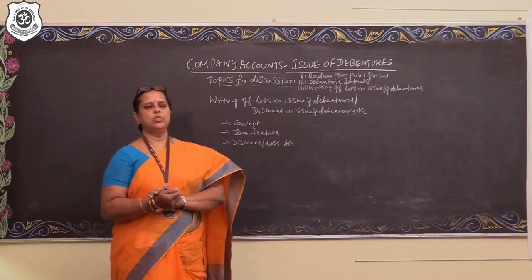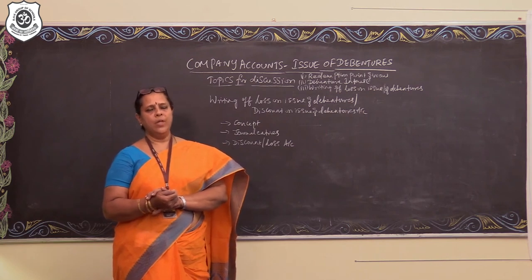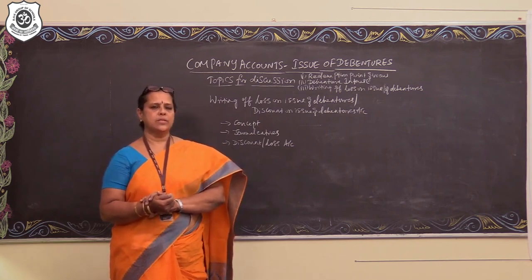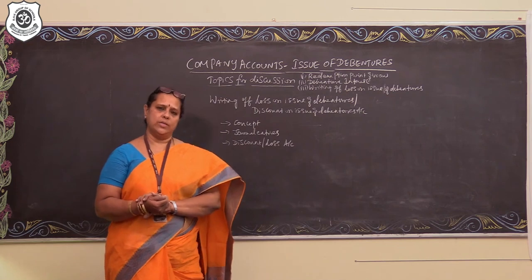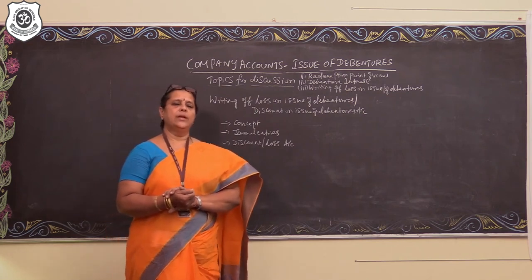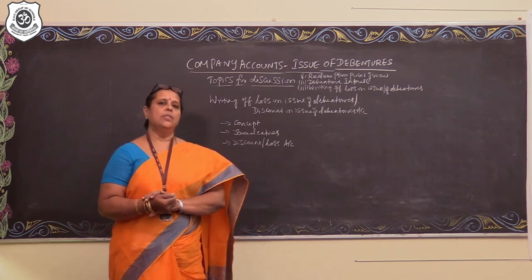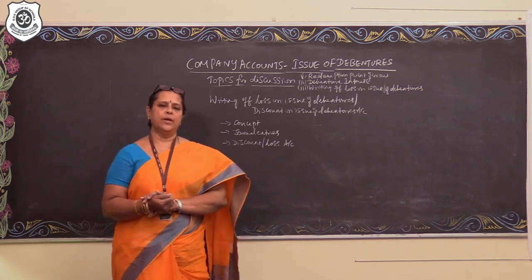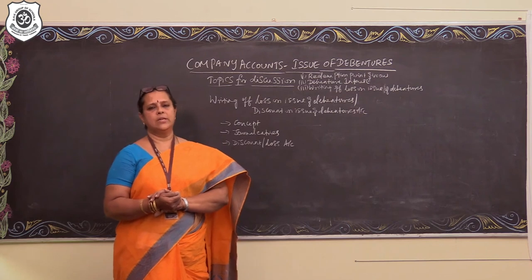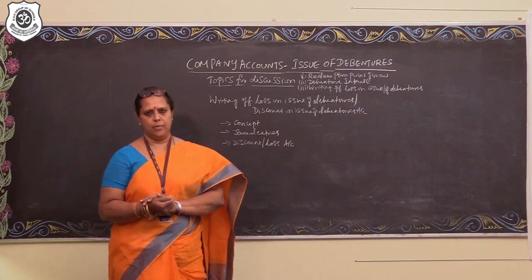So, when the company issues debentures at a discount, the company has to write off the discount in the year of issue itself. Similarly, when the company commits to meet the premium on redemption of debentures, that also has to be written off against the accumulated reserve in the year of issue itself.